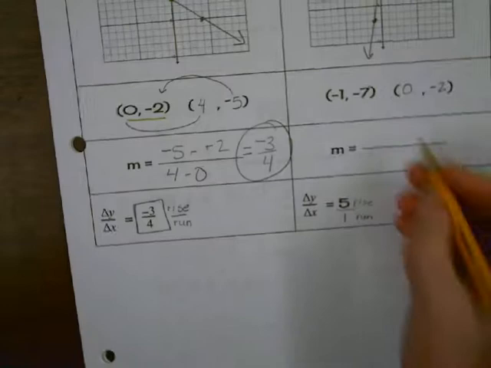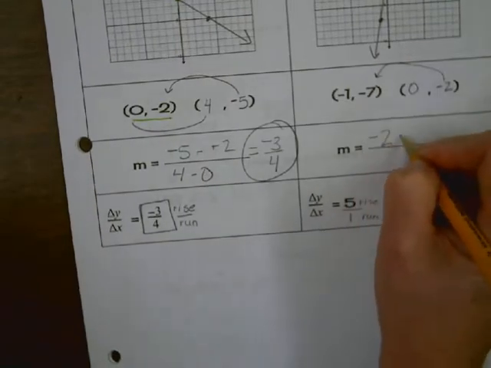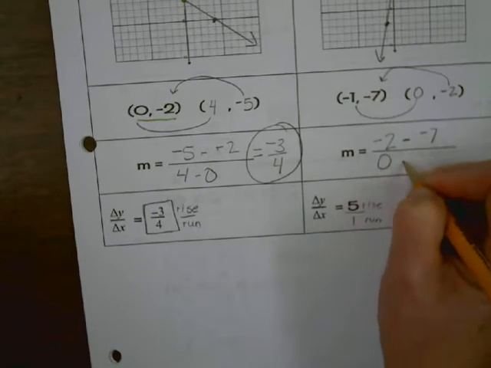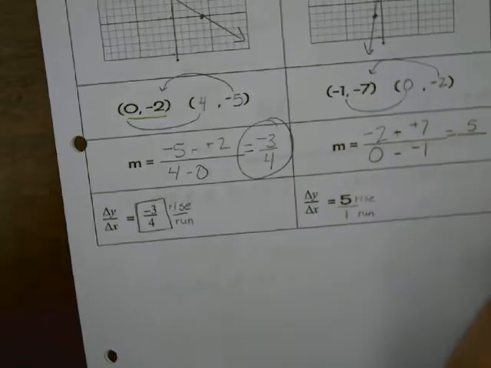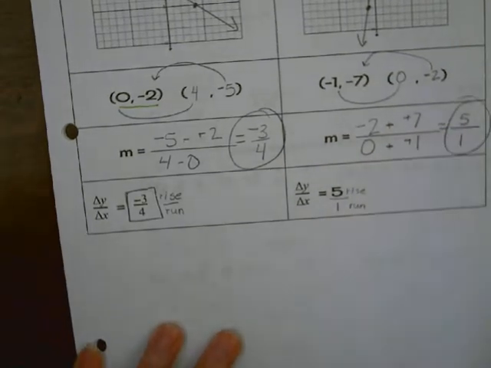All right, let's double check. Negative 2 minus a negative 7. 0 minus a negative 1. Add the opposite. Good thing we did all that work with integers. I get 5 over 1.